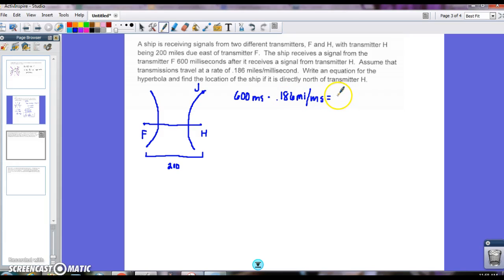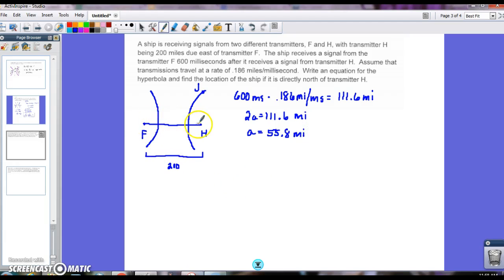I know then that distance, that 2A, is going to be 111.6 miles, which means A is 55.8 miles.